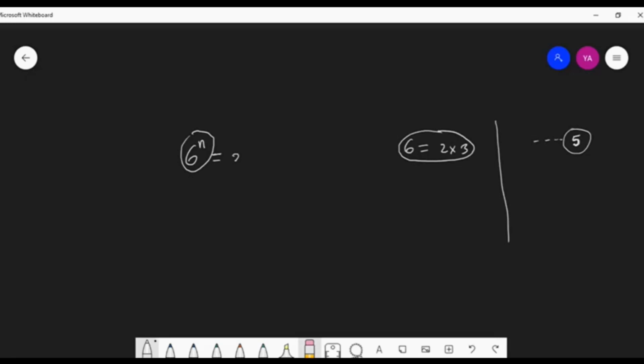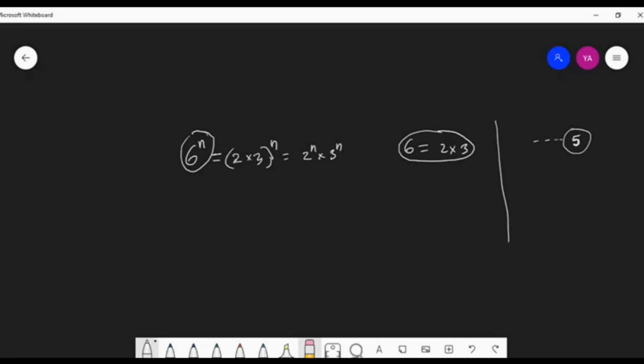So 6 raised to n will be of the form 2 into 3 all raised to n, that is 2 raised to n into 3 raised to n. Since 2 is a factor of 6 raised to n, that number will be even. If 2 is a factor of a number, then that number should definitely be even.